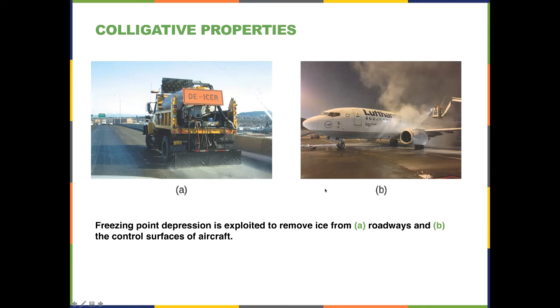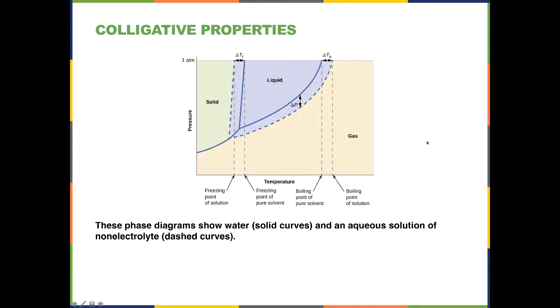Now, freezing point depression is commonly exploited not only to remove ice from the roads, but also to de-ice airplanes, because ice on the wings of airplanes makes it more difficult for planes to fly. And when you do add these different factors, it affects the phase diagram that we've looked at in the past in the following ways.